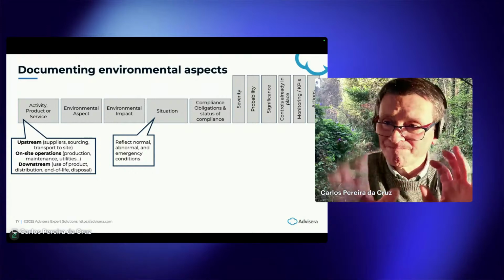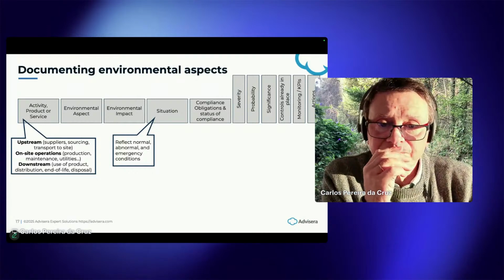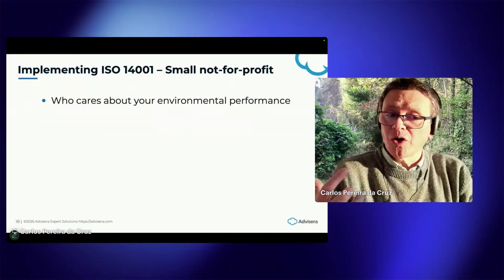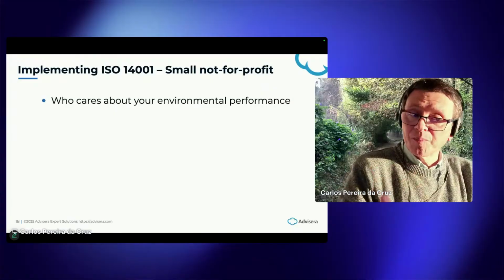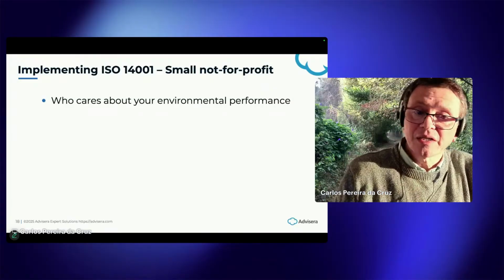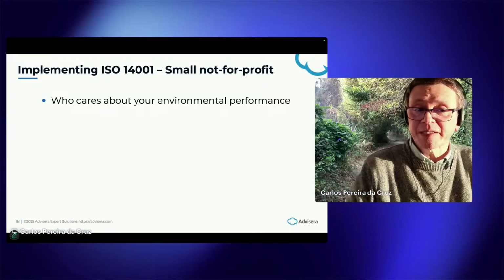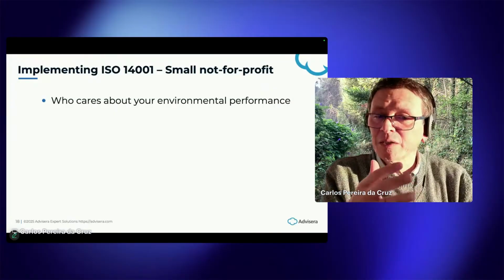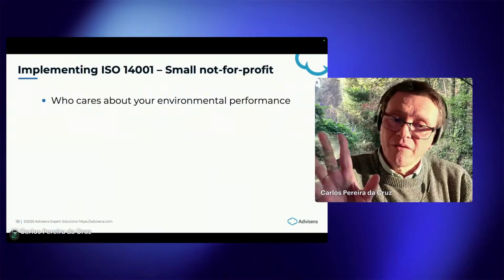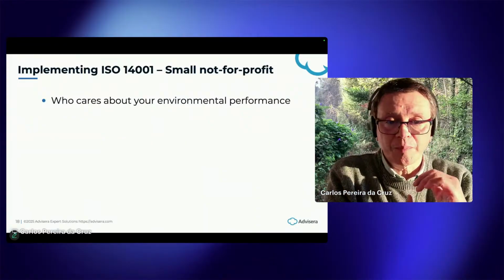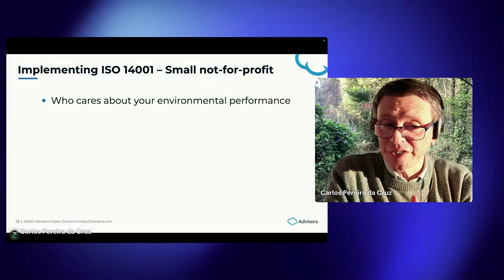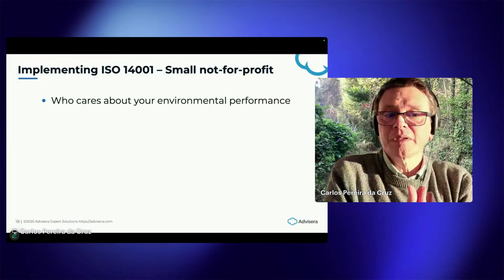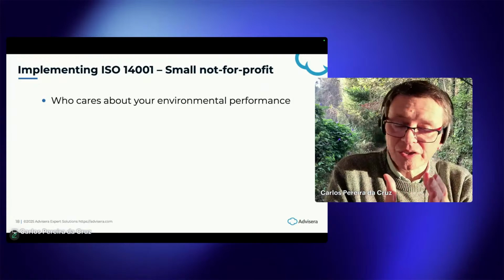Another question is from Catherine. Catherine asked, how can very small, not-for-profit or public service organizations, say 5 to 20 employees, implement ISO 14001 or work toward implementing something close to it? Very small organizations can implement ISO 14001 by keeping it simple and focusing on the essentials.